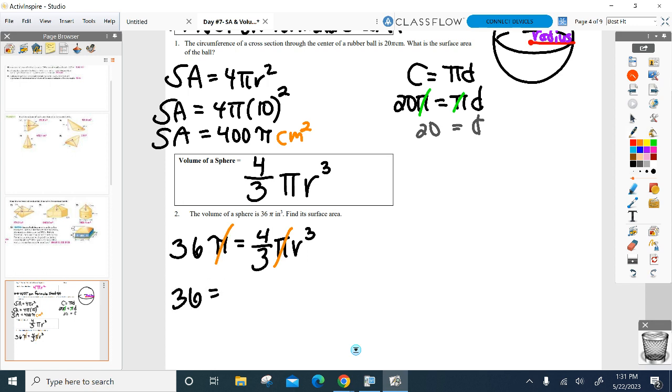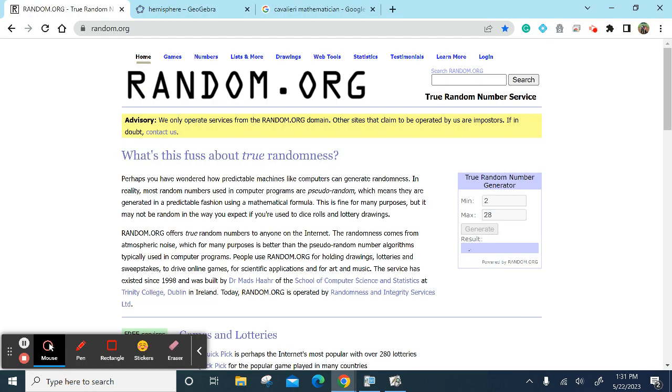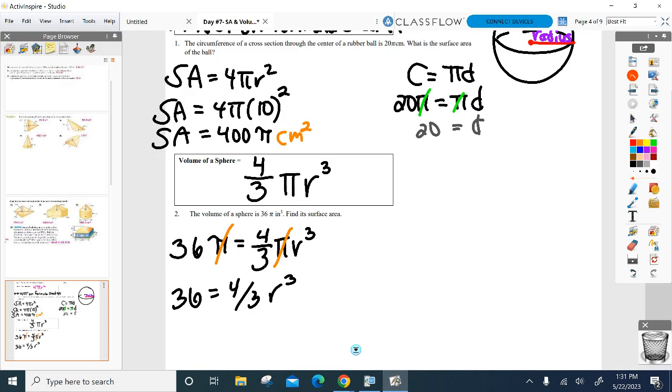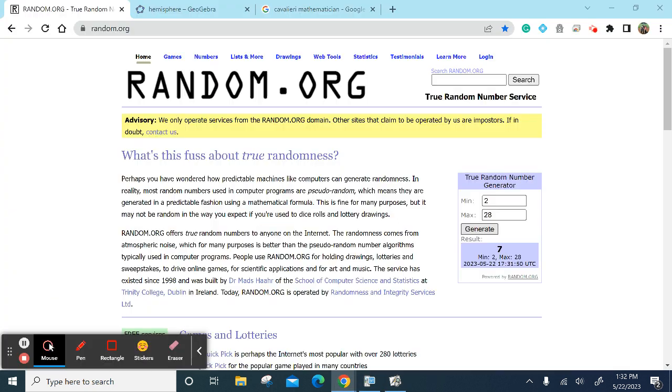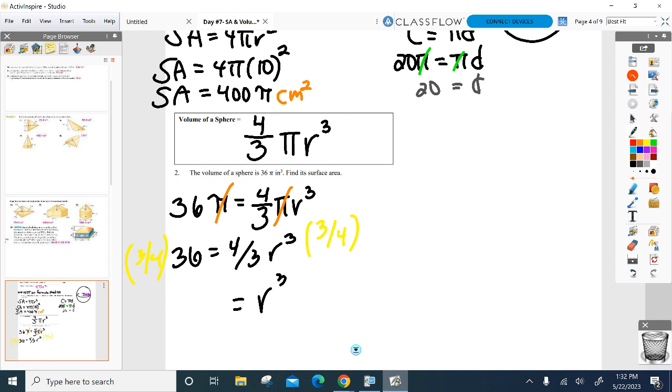36 equals 4/3 r cubed. Next move. Multiply by 3/4. So we get r cubed equal to 27.